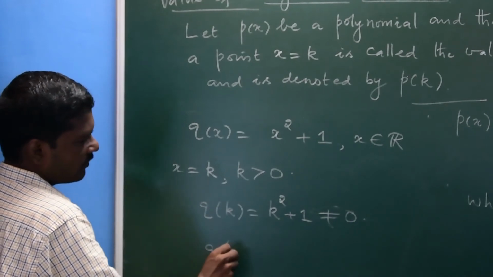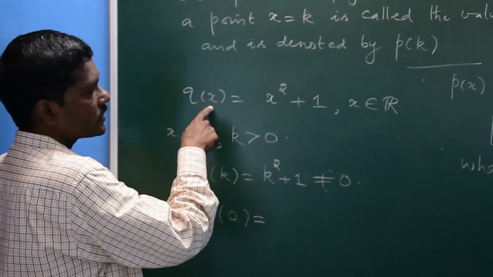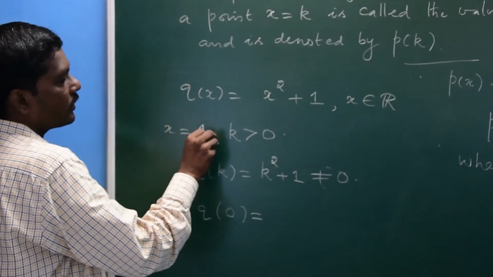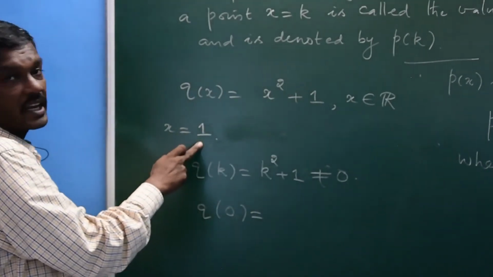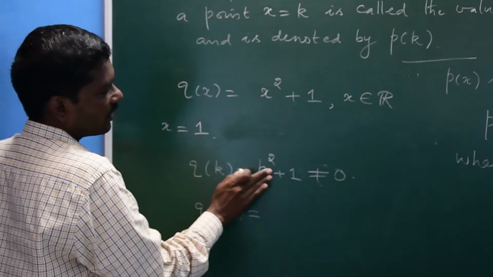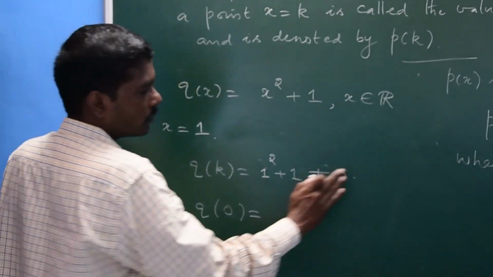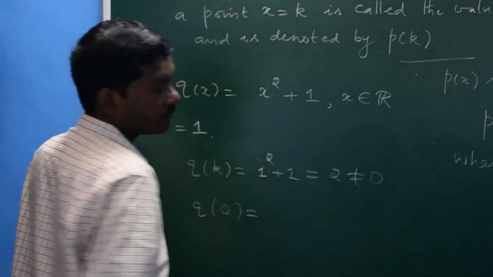You can take any positive real number. For example, you take 1. What will happen? 1 square plus 1 is 2. This is not equal to 0.